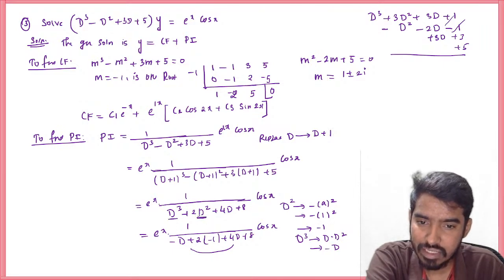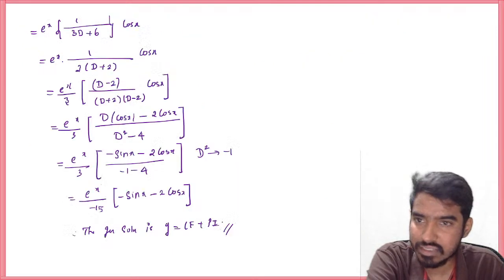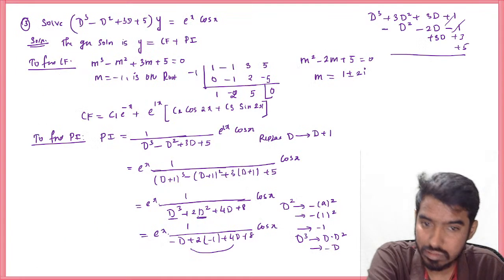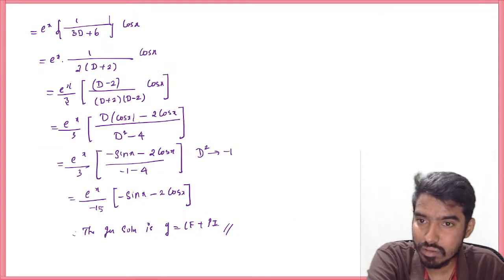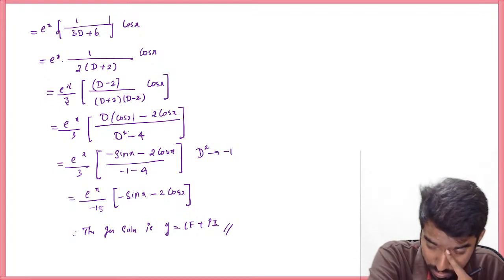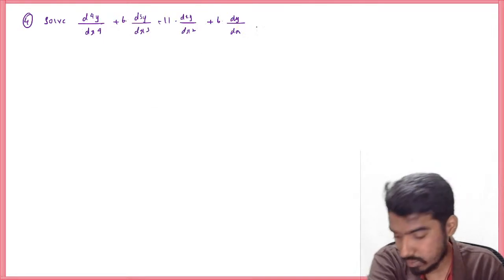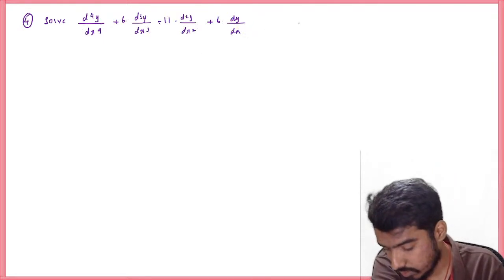So minus d, 2 into minus 1. 4d minus d is 3d. 3d plus 6. Again this is d square minus 4. D square is minus 1. Okay.